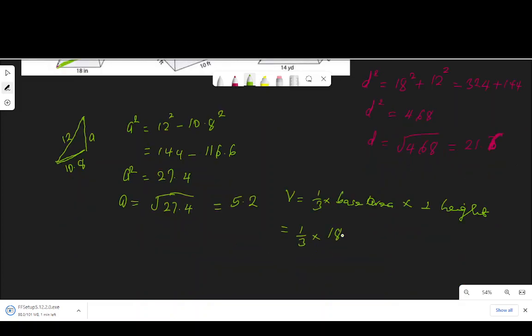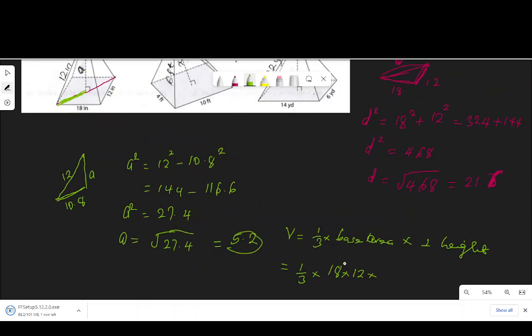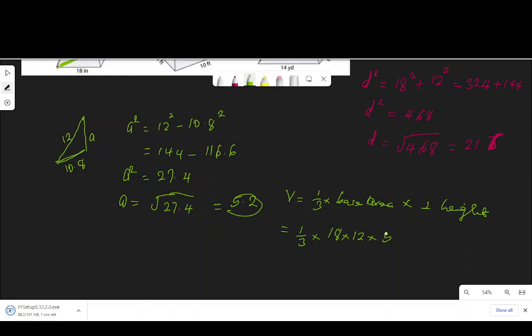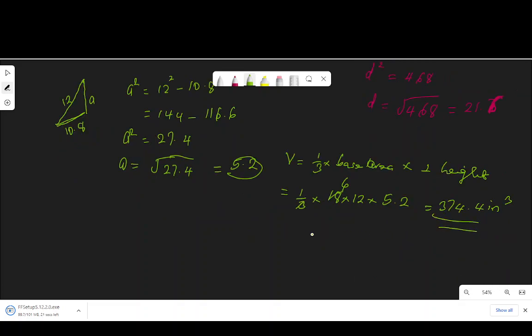So 18 times 12, then times perpendicular height, which is this 5.2 that we calculated. 3 here 1, 3 here 6. 6 times 12 times 5.2 will give us the volume of this pyramid, and that is 374.4 inches cube.